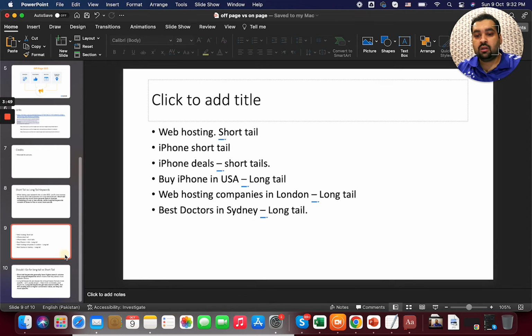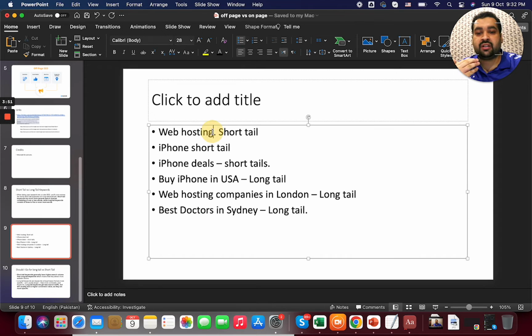When a person is searching web hosting, it doesn't necessarily mean that he wants to buy it. Maybe he wants to know what web hosting is. So the intent of the visitor is not clear in short tail. But when the person is searching web hosting companies in London, it means the person is looking for companies specifically in London, not in other cities of the UK or another part of the world.